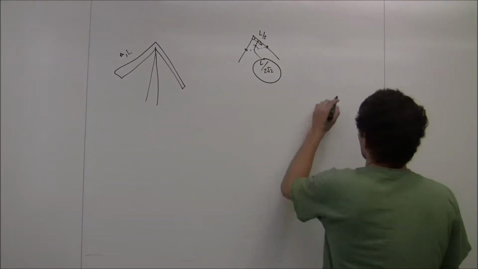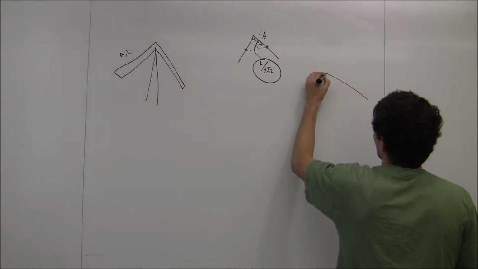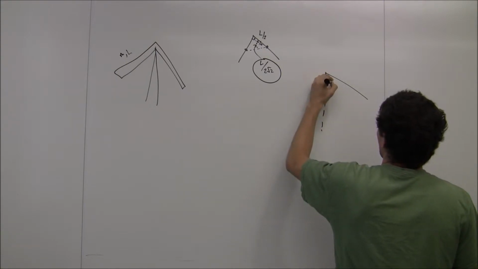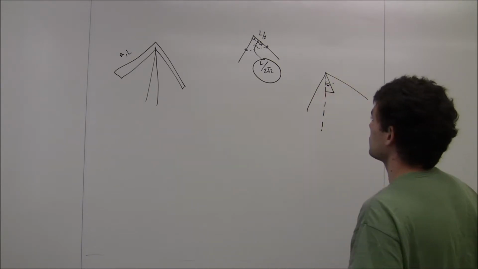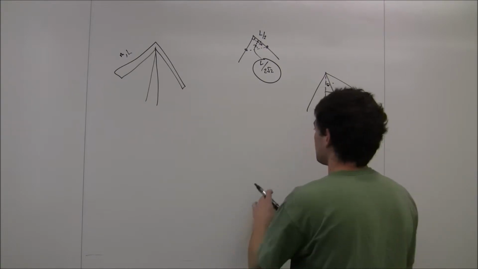And so what this tells us is that if the sticks are displaced some angle theta, we're going to be able to figure out how far above their equilibrium position the center of mass is going to be.